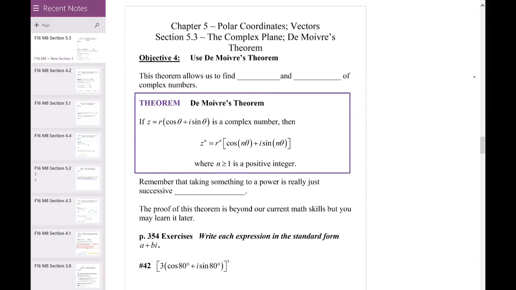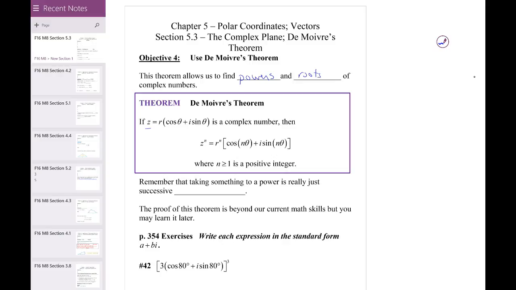Okay, so the last part is really the point of why we're doing all this. De Moivre's theorem allows us to find powers and roots of complex numbers much more quickly than if they're in rectangular form.